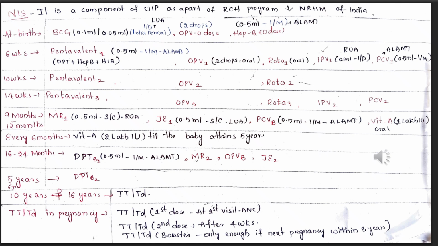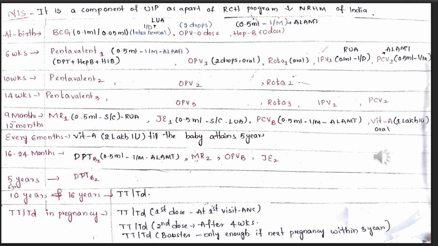After 16 to 24 months, we will give at 5 to 6 years of age. At 5 to 6 years of age, the vaccine we will give is the DPT second booster: diphtheria, pertussis, tetanus. And after 5 to 6 years, you should remember 10 years. At 10 years and at 16 years we are giving TT.